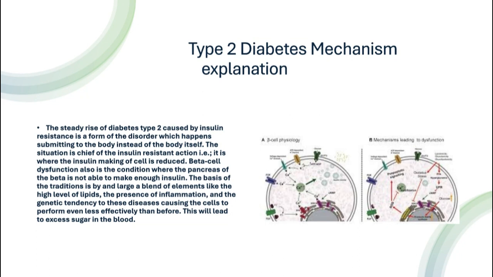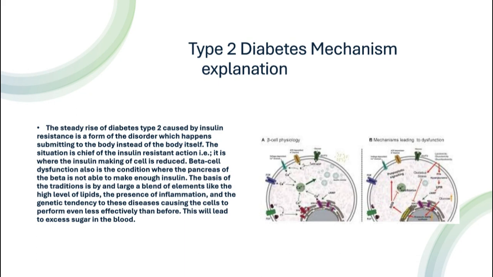Because of this, the pancreas tries to make more insulin to keep blood sugar under control. Over time, the pancreas becomes overworked. The beta cells, which are the cells responsible for producing insulin, start to wear out and don't function as well as they used to. Eventually, they aren't able to produce enough insulin for the body's needs.